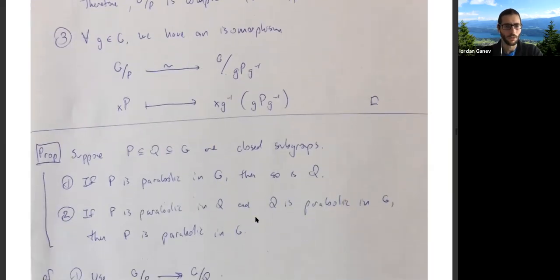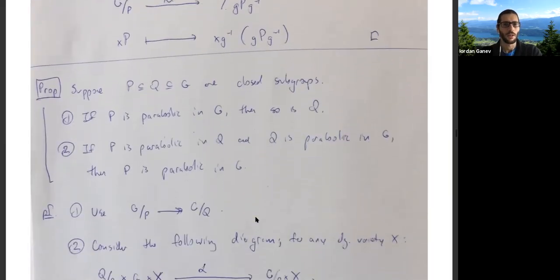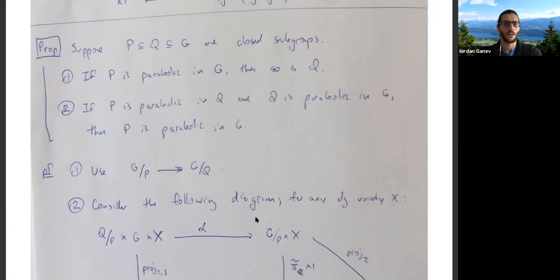Okay, so we need a few more facts. Let's suppose we have closed subgroups P and Q in G, where P is contained in Q. First assertion: if P happens to be parabolic in G, then Q is automatically parabolic in G. Second assertion: if P is parabolic in Q as a closed subgroup of Q, and Q is parabolic as a closed subgroup of G, then P itself is parabolic in G. So it's some sort of transitivity.